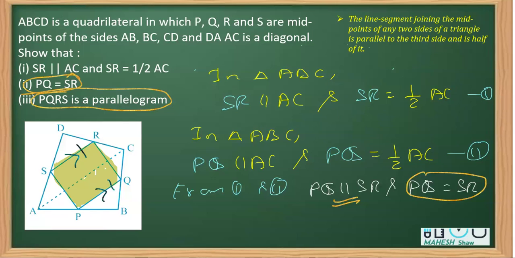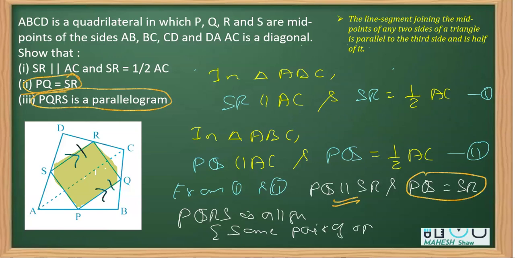So we can say from these two points that PQRS is a parallelogram, and the reason is that the same pair of opposite sides are equal and parallel. That's why we say it's a parallelogram.